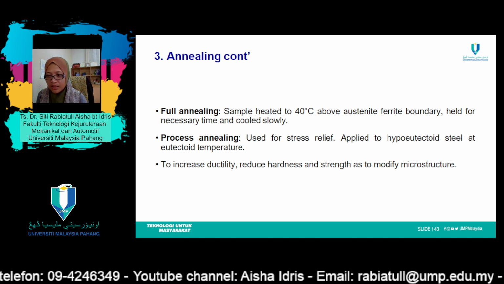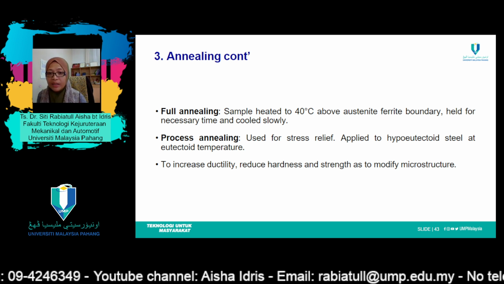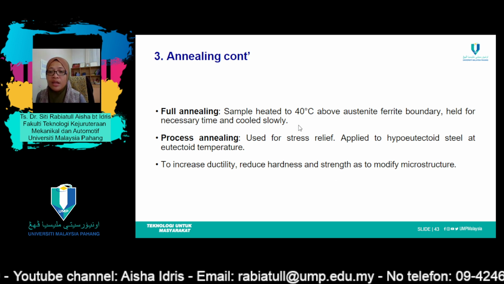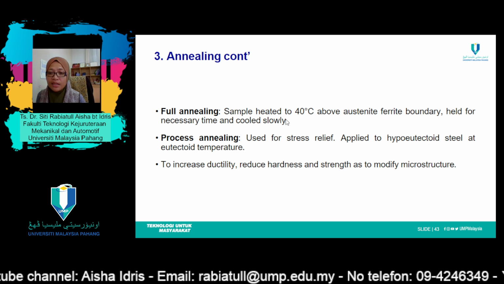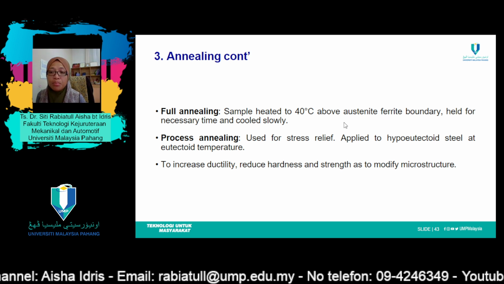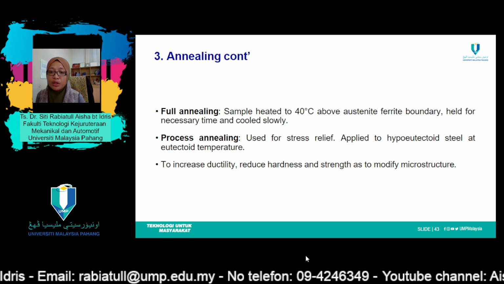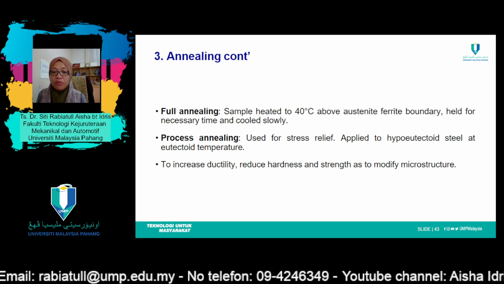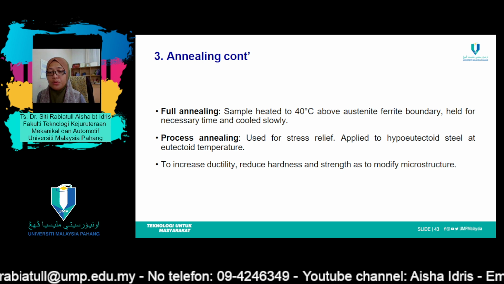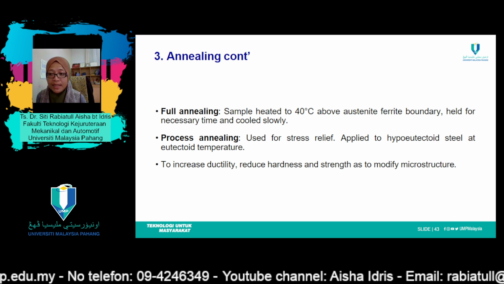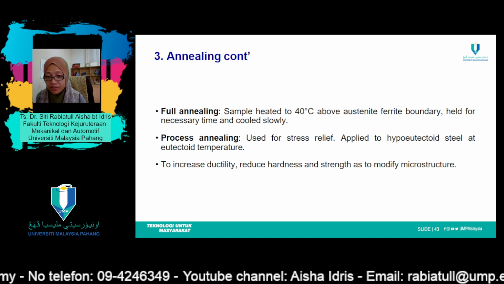In annealing, there are so-called full annealing and process annealing. In full annealing, the sample is heated to 40 degrees C above the austenite-ferrite boundary, held for the necessary time and cooled slowly. Meanwhile, process annealing is used for stress relief, applied to hypoeutectoid steel only at eutectoid temperature.